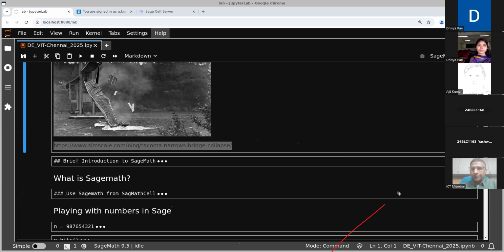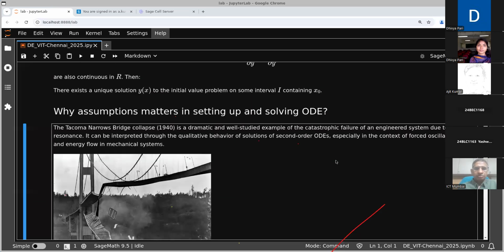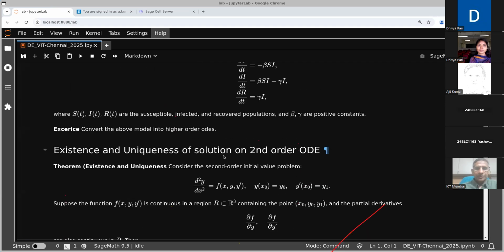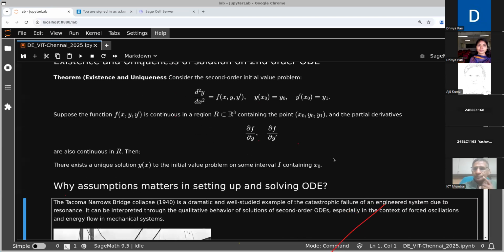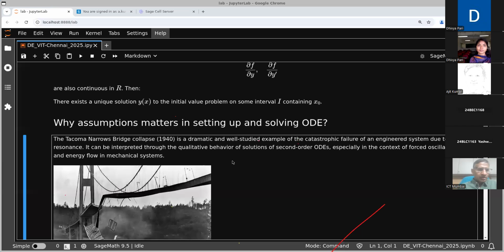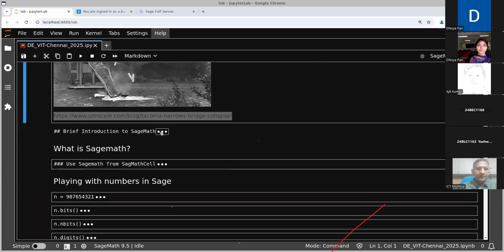If you have any questions so far with this very basic introduction, you can unmute and ask. I have not told you how to solve any of these equations because you have already learned that. But I just wanted to mention the necessary and sufficient condition and why it is important with this example. There are several examples of this kind. Okay, if not, let us go ahead.